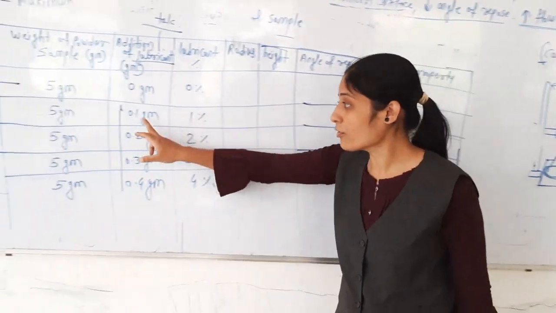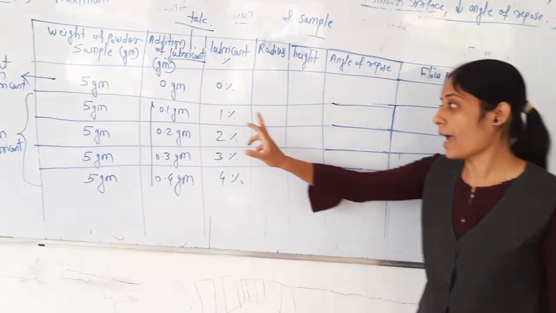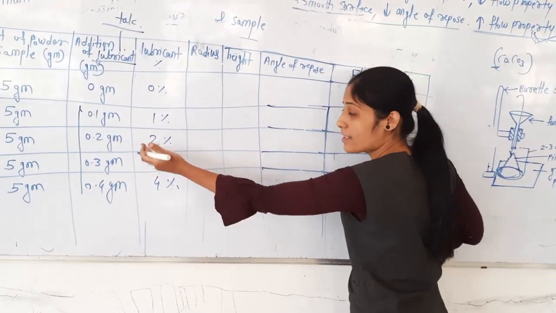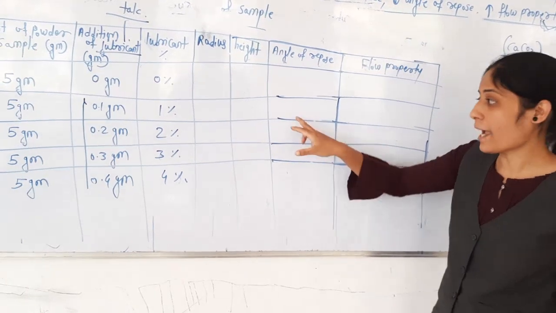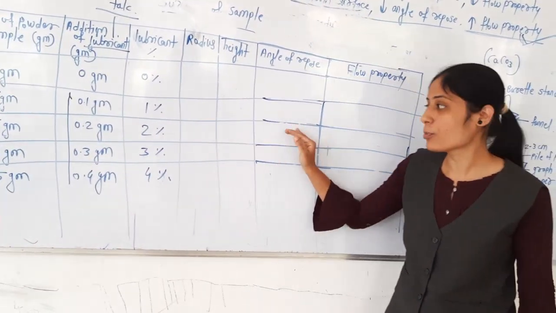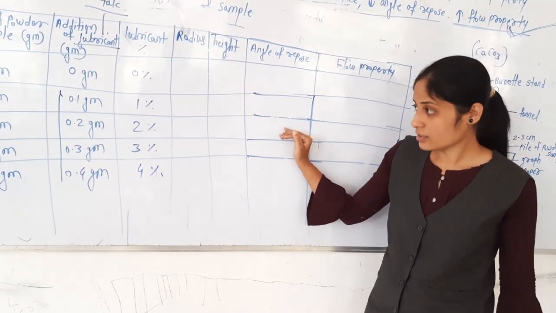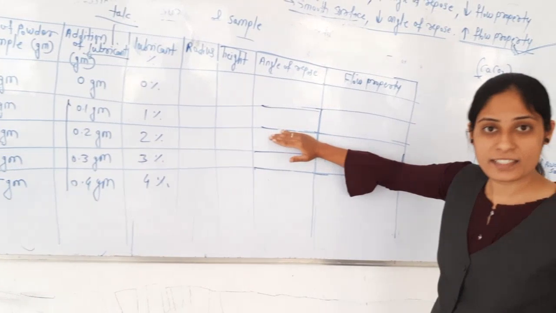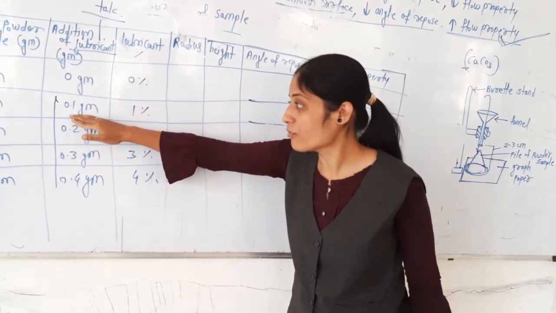At the 0.1 gram concentration of lubricant, the angle of repose value is less. At 0.2 gram concentration, the angle of repose value decreases as compared to 0.1 gram.